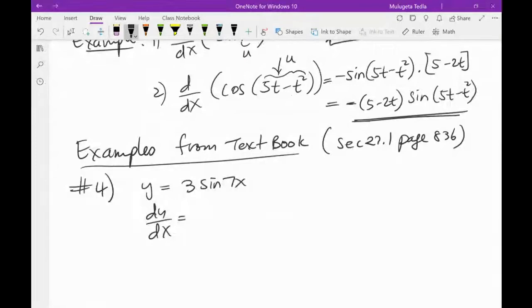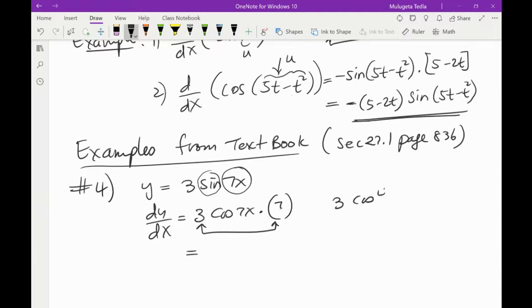Okay, I agree. Thank you, Wissam. It is 3. The derivative of sine is cosine of the angle times the derivative of the angle, which is 7. So that's how he got 21. He multiplied 3 times 7, because he cannot say 3 cosine of 49x. That's wrong. You cannot multiply those two numbers.